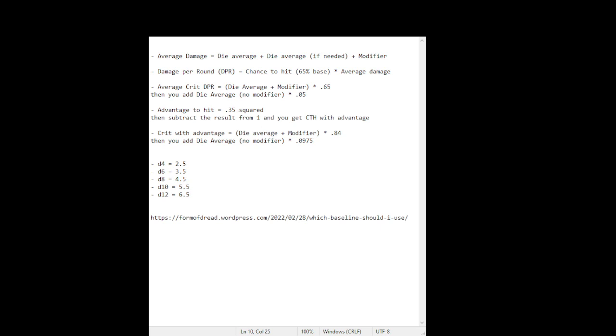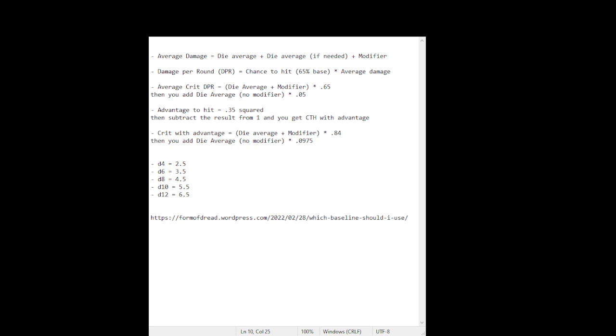If we go back to that axe example with a barbarian, your average crit DPR is now equal to that 6.175, and then you would take the 7 or the 6.5, and then you would multiply it by 0.05, and then whatever it spits out, which in this case is 0.325, you would then add that to the 6.175, and then that's your average damage if you were to crit.